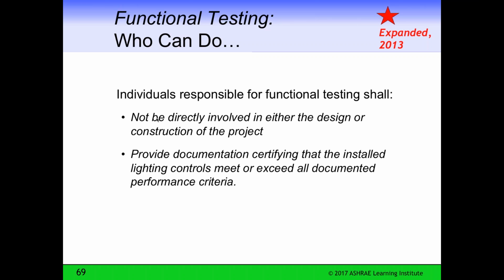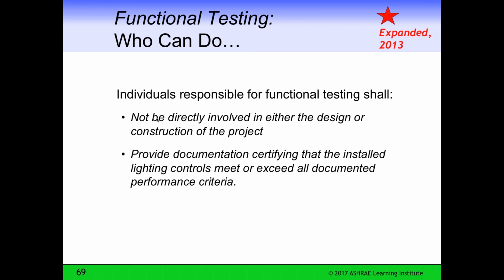The individual responsible, for those of you familiar with commissioning and who does commissioning and how independent the commissioning person needs to be from the design and construction teams, within the Standard 90 functional testing for lighting, the individual responsible shall not be directly involved in either the design or construction of the process.